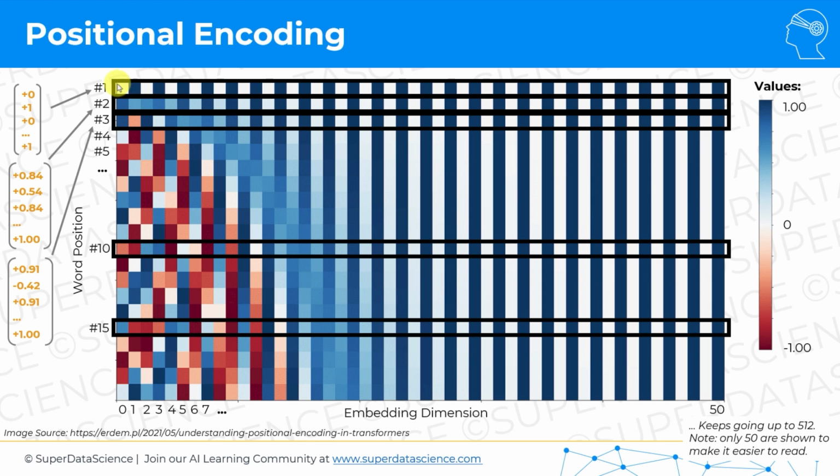So if your input has only 5 words, you'll only use the first 5. If your input has 15 words, you'll use the first 15. That way the transformer will have a mechanism to know which position each word is in, and through training it will understand how to use that mechanism, and it will make much better sense of the meaning of the different inputs that it's given.